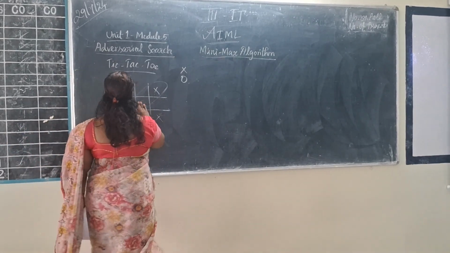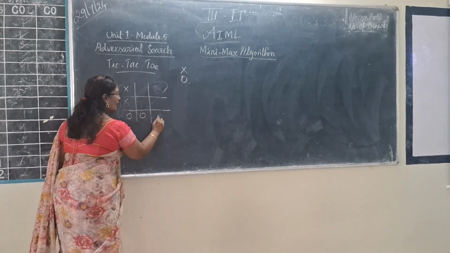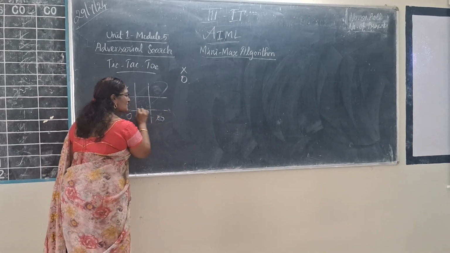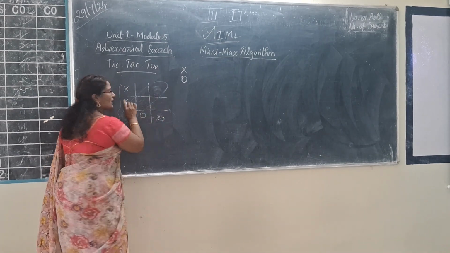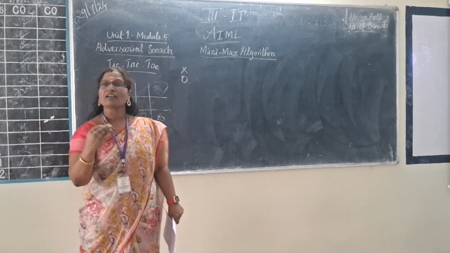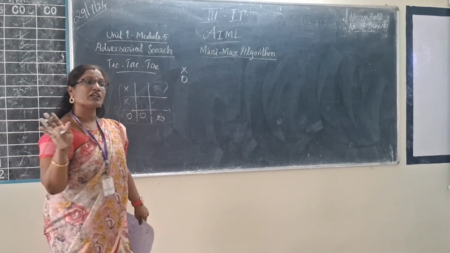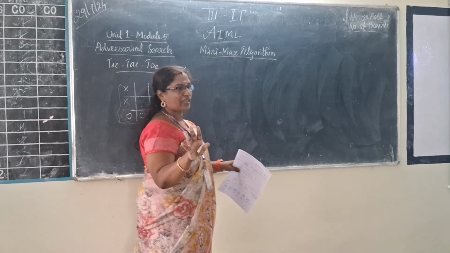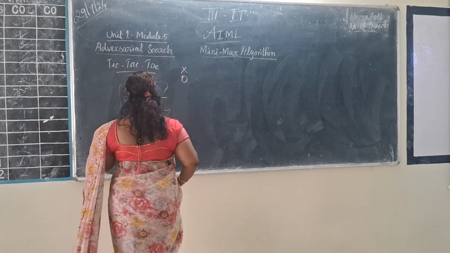It is possible even for O. Irrespective of whether it is O or X, if you get three consecutive symbols in a row, a column, or a diagonal, all the same as your symbol, then we say that particular player has won the game. Clear? Right? So this is how we play tic-tac-toe.